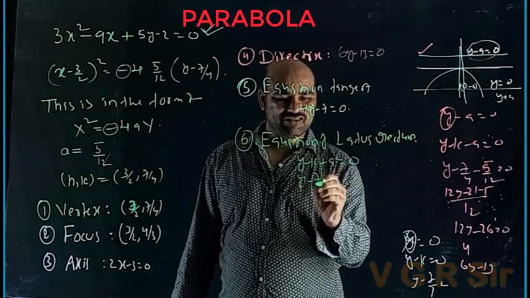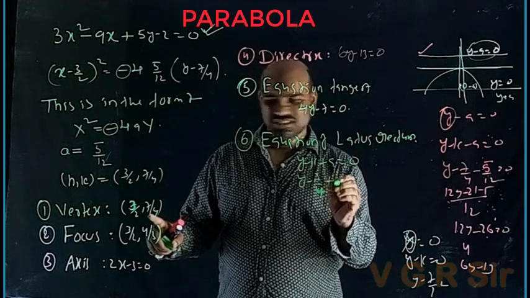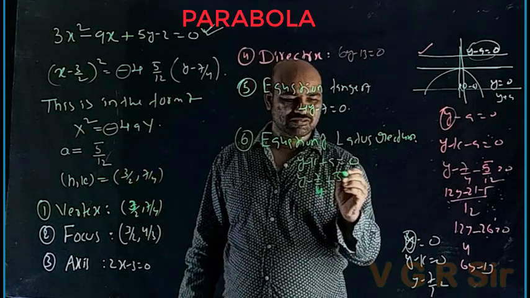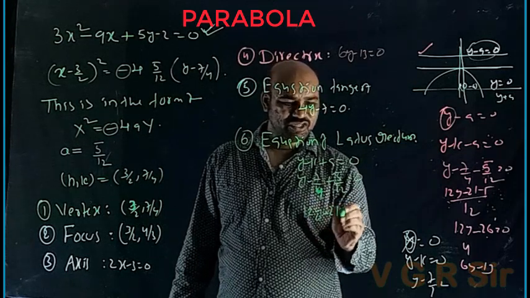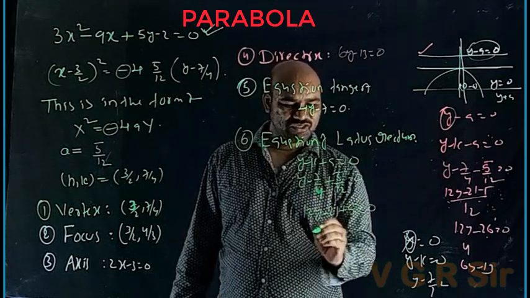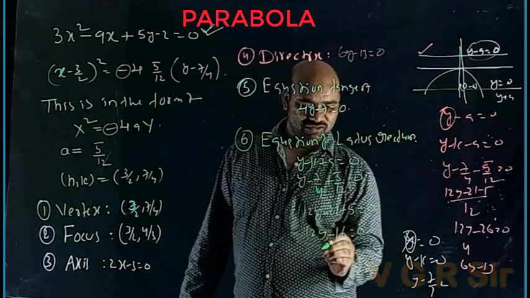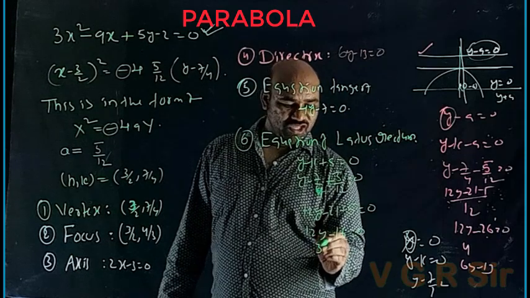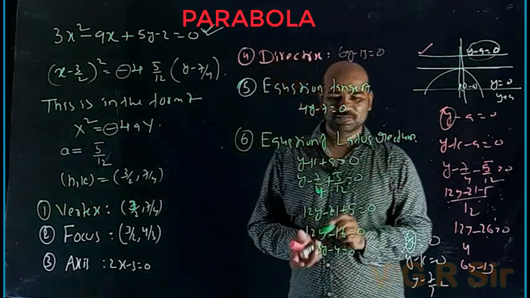Y minus 7 by 4 plus a, means 5 by 12, equal to 0. 12 LCM, 12y minus 21 plus 5 equal to 0. Or 12y minus 16 equal to 0. Or 3y minus 4 equal to 0 is the equation of latus rectum.